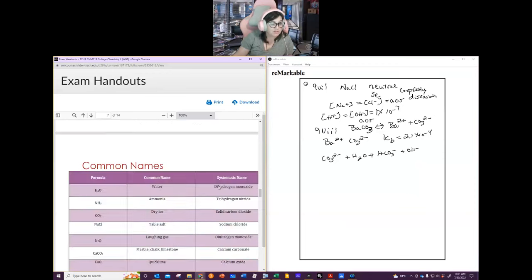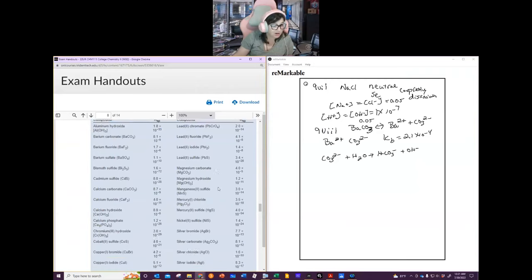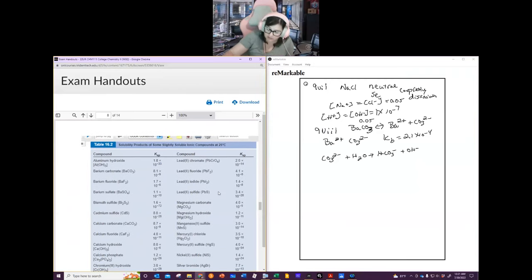Right. So that means that there should be a Ksp for this, correct? Oh, and there is. Ksp equals Ba2 plus, so this isn't 0.05, times the CO3 2 minus.